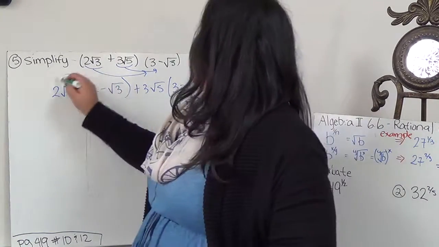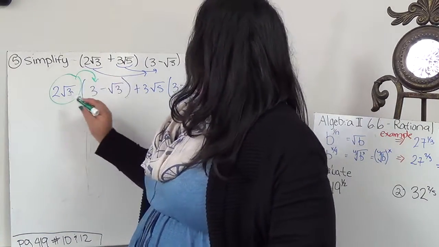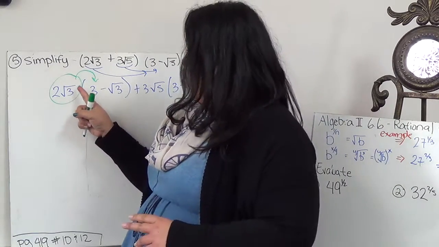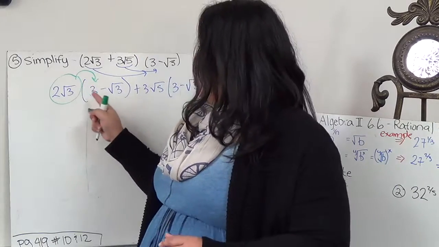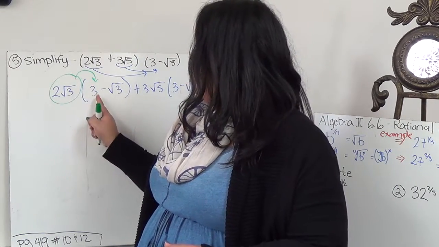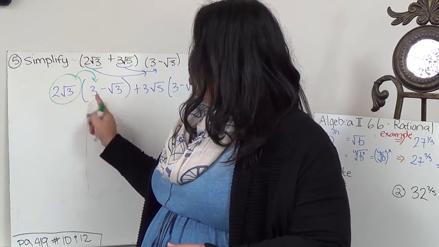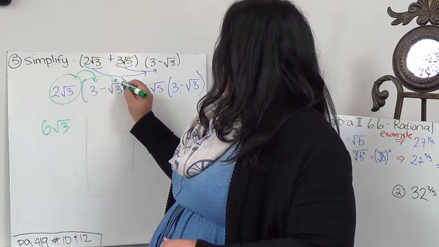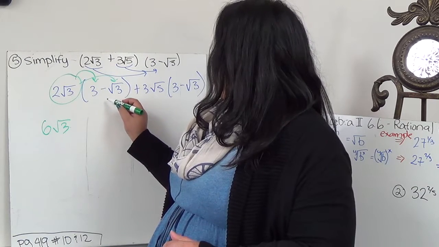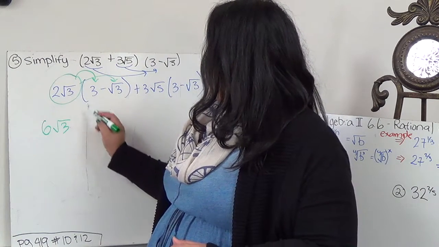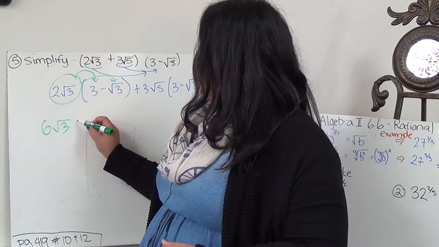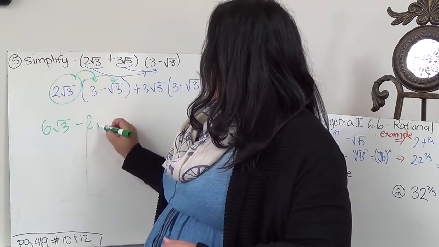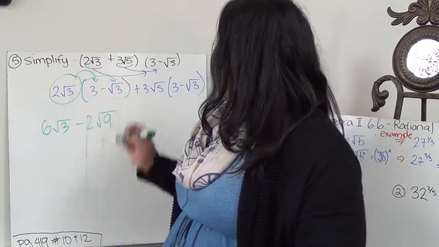Alright, now I can take this and distribute. It's just like when I did the problem where I multiplied. If it's not in the radical, then I multiply just by this. So this would be 6 root 3, right? This one would be 2 minus 2, and then root 9. 3 times 3 is 9.